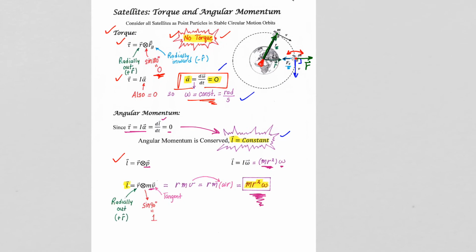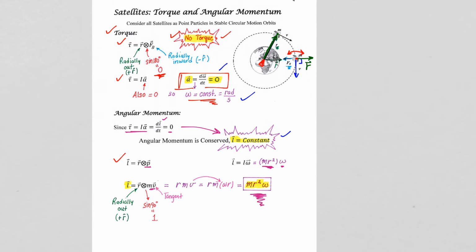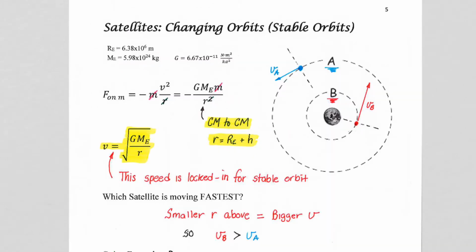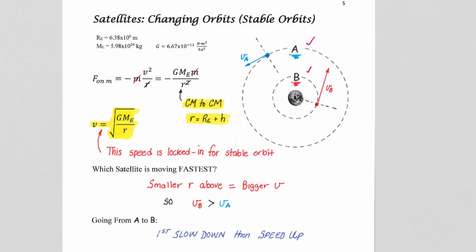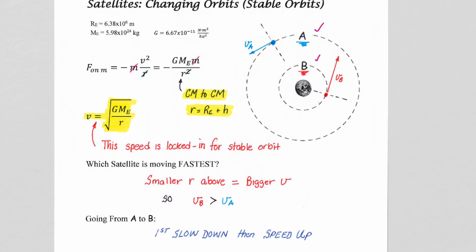Well, the last thing we are going to look at in this short lesson is changing orbits from a smaller orbit to a larger orbit, or from a larger orbit to a smaller orbit. Now, we know the equation for a satellite in stable orbit is given by the circular motion equation, where the radially inward force mv squared on r is given by the gravitational force, G times mass of Earth times mass of satellite, divided by r squared.